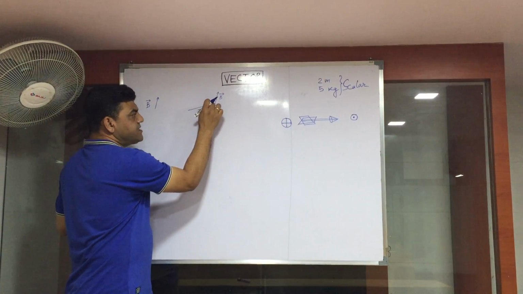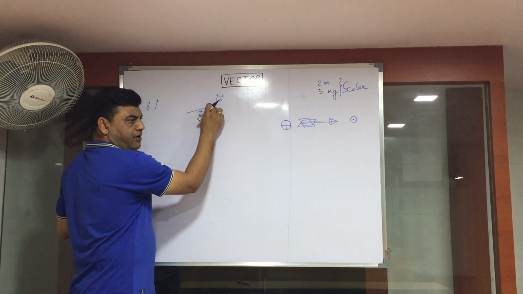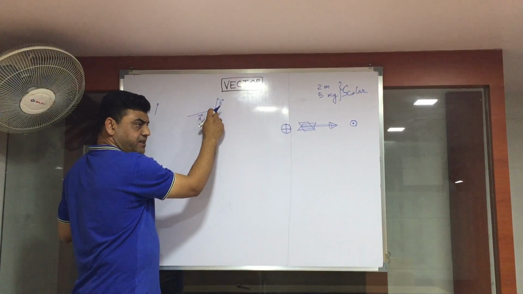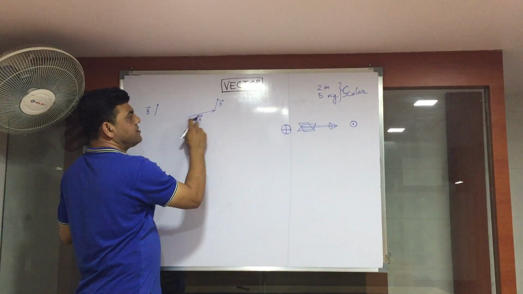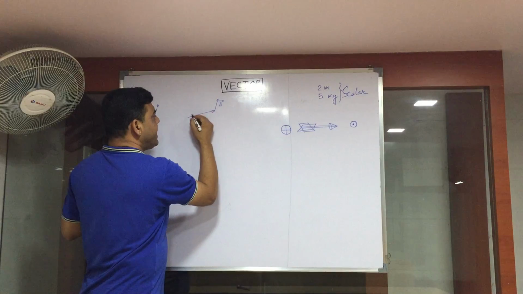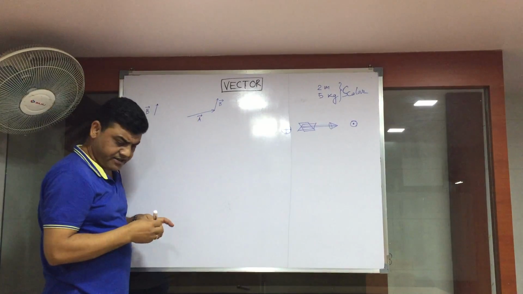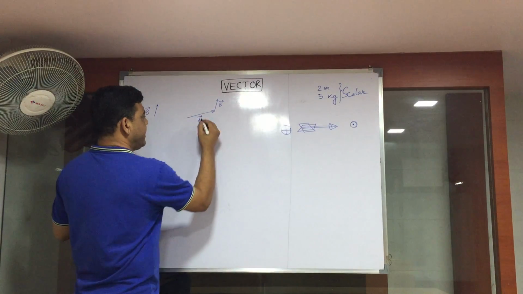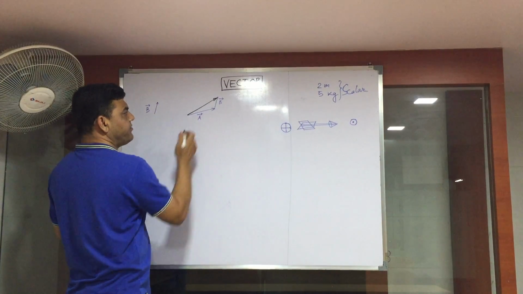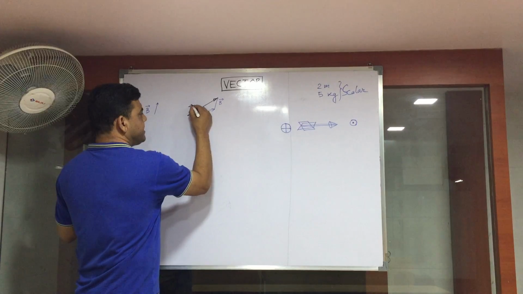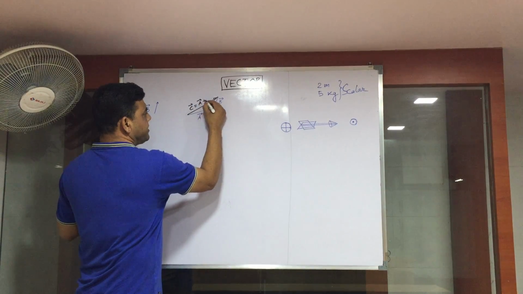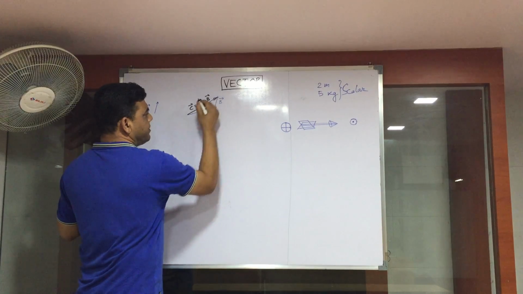I placed it at the tip of vector A, with the tail of vector B matched with the tip of vector A. This is the head-to-tail method, where we add them, and the resultant vector is represented like this. If I use a different color, this is that vector. If I name this vector C, then this is nothing but the addition of vector A and vector B.